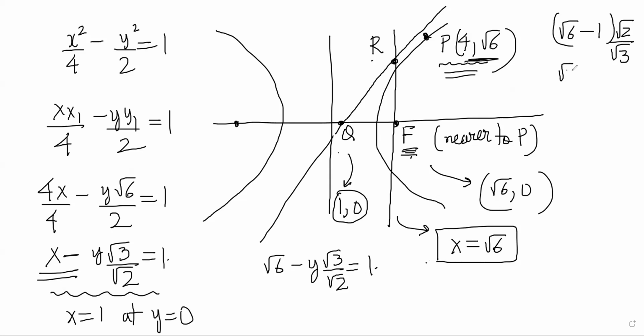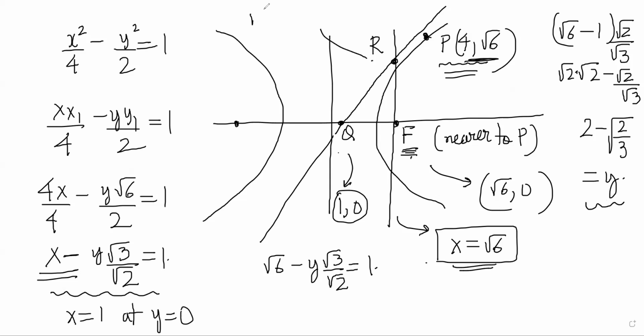So this becomes 2 minus root over 2 by 3, that is the y value. So basically the point R has x value of root 6 and y value of this. So the coordinate here is root 6 comma 2 minus root over 2 by 3, right?